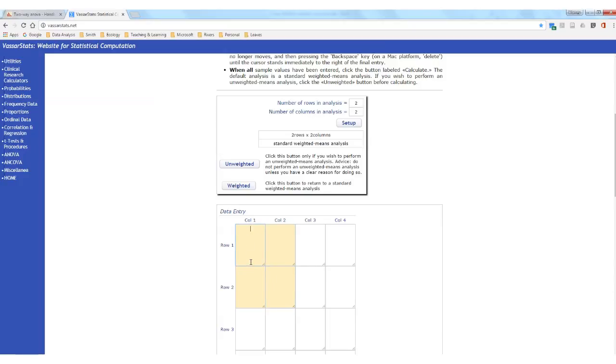If the number of items in each of these cells is equal, so if you had an n of 10 for each of them, and they're all exactly 10, you have what's called a balanced design. In that case, it's usually best to just use the regular weighted ANOVA. If you have an unbalanced design, that means you have a different n in these different cells, and you'd probably use an unweighted design. So let's see what we have here for the mussel length data.